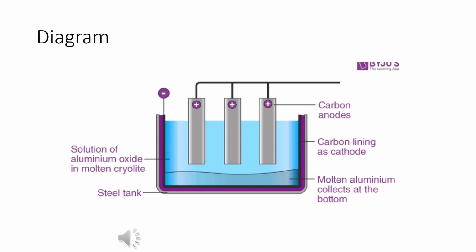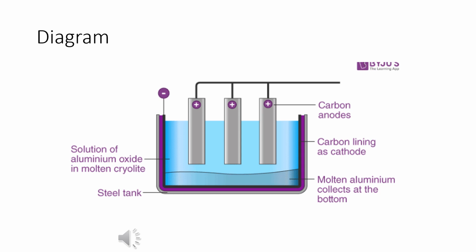So the sodium metal loses electrons at the carbon electrode. Those three electrodes having positive charges are the places where the sodium metal from the bauxite loses its electrons.